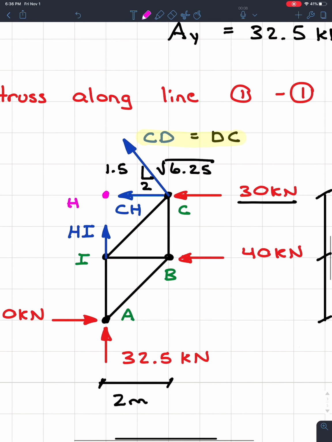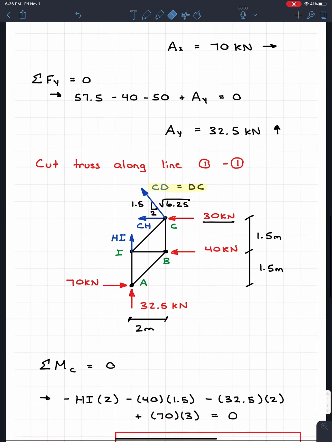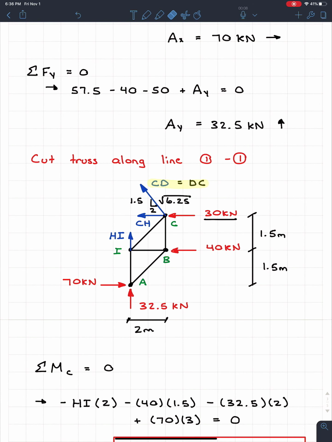But if I look here, HI will hit H. CH will hit H. So they both won't create a moment. And I can solve for CD or DC directly. So that's kind of one of the tricks, is realizing where to take the moment about. And then you have to remember, you don't always have to take the moment on your free body diagram. You can take it off the free body diagram, save some time.